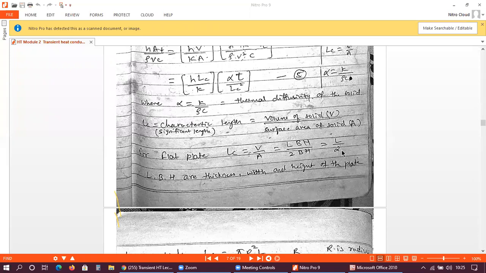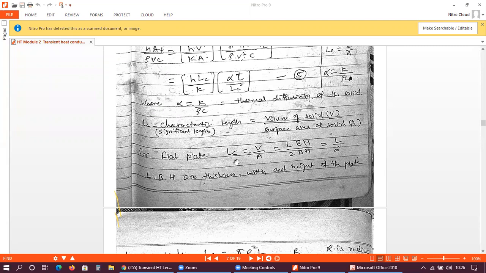So this is for a flat plate. Here L, B, H: L stands for thickness, it is not the length. B is the breadth or width, and H is the height.